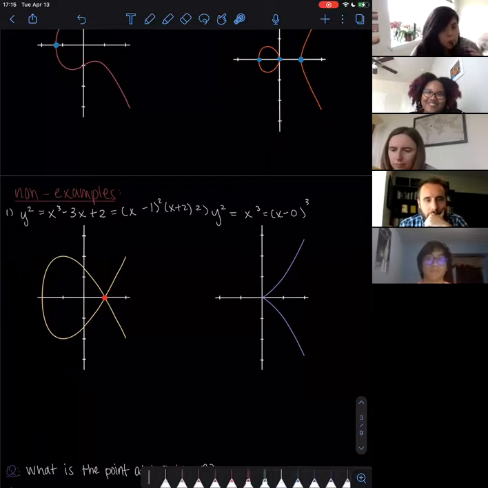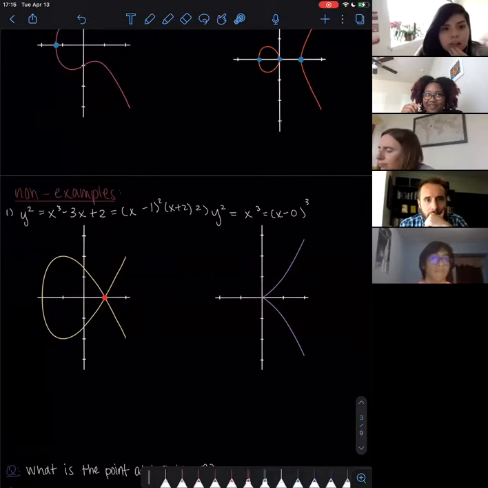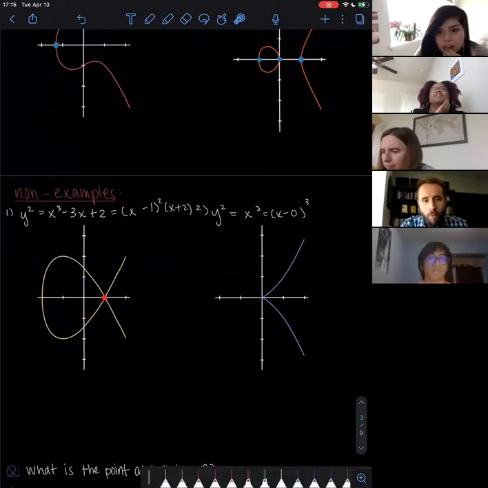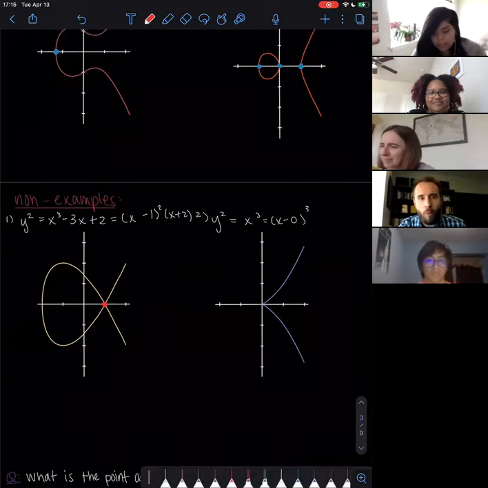Does not having a derivative always mean that this thing is not an elliptic curve? Yes, and it tells us that we have a repeated root as well. So we get all those things at once. Oh, okay.